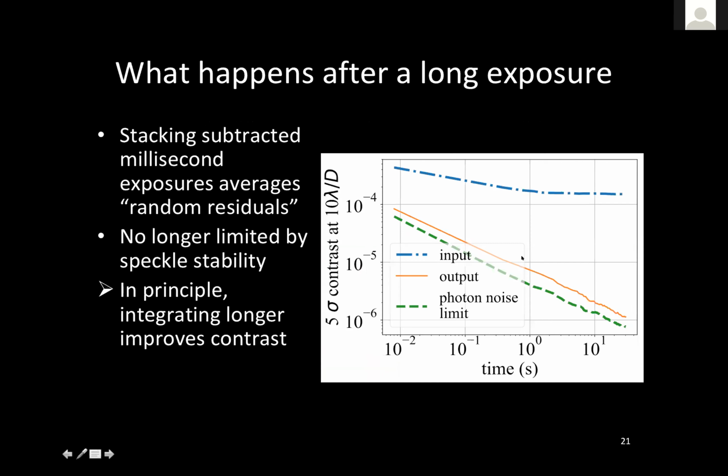But when you stack those images as a function of time, because those residuals are random, this is contrast as a function of time at a single separation, you can in principle continually improve down to deeper limits than we can reach with current instruments, whereas the blue curve we're sort of saturating after a second in raw contrast because of these quasi-static speckles that we're not subtracting in the raw images.